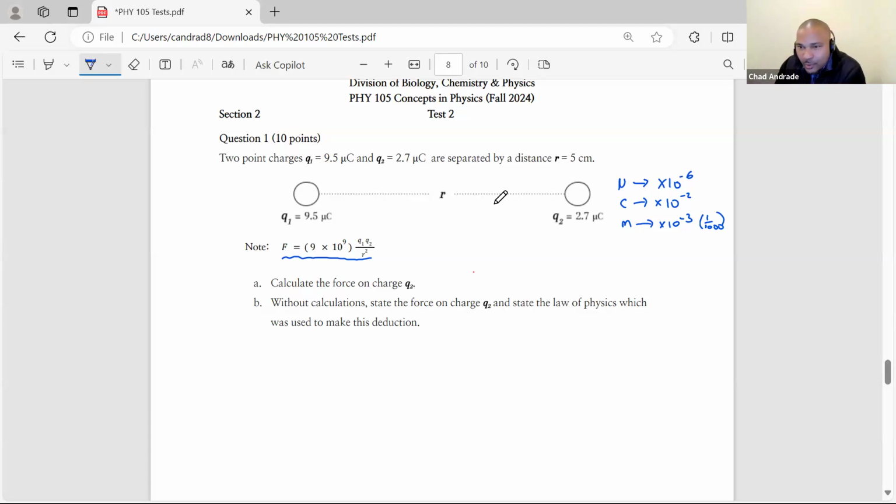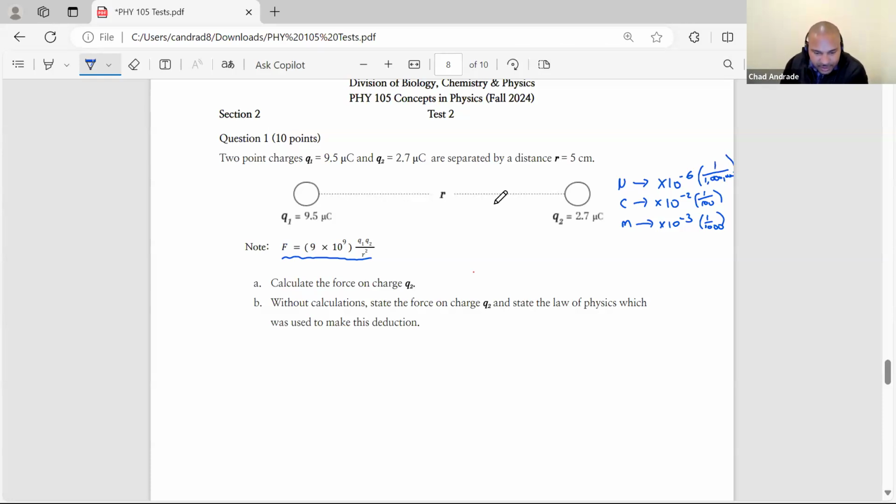That's 10 to the minus 2 or 1/100th of a meter. And then sometimes you pick up a drug and it says the drug is something in milligrams. Milli means 10 to the minus 3 or 1/1000th of a gram. This micro is 1/1,000,000th. So it's 1 divided by 1,000,000 of something, right? So here it's 1/1,000,000th of a coulomb.